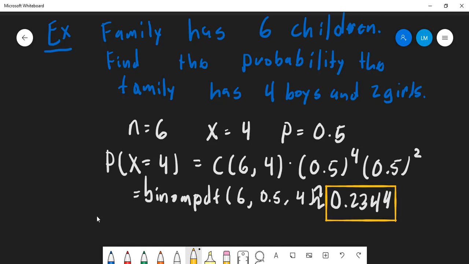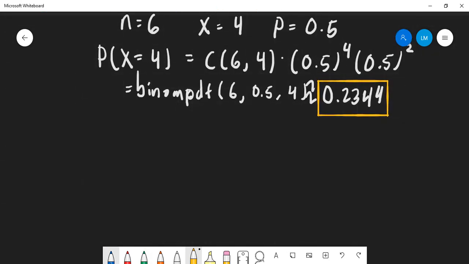Now, one thing that we can look at is the at most scenario. So an at most probability is given by the probability that x is less than or equal to our little x. Now what this means is that you're just calculating from the smallest.